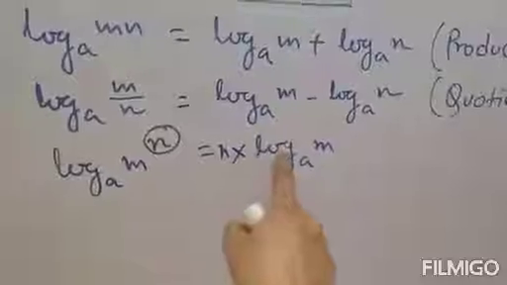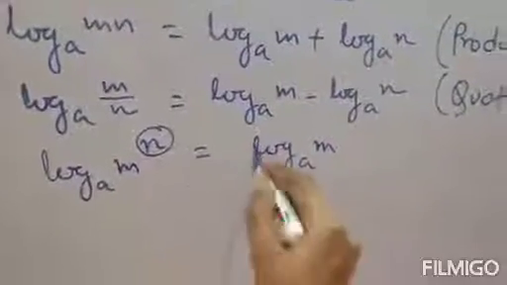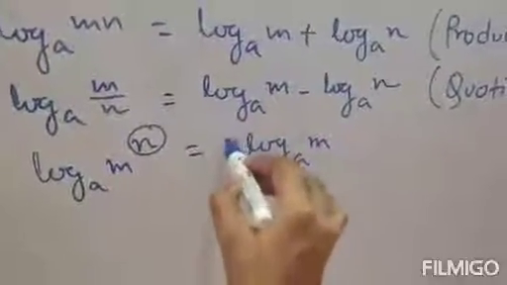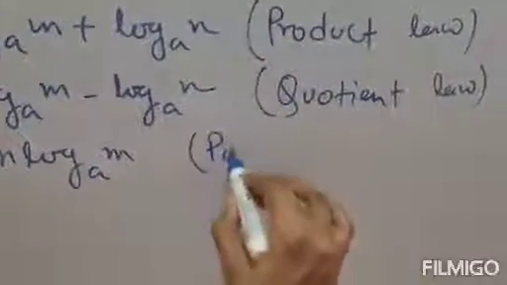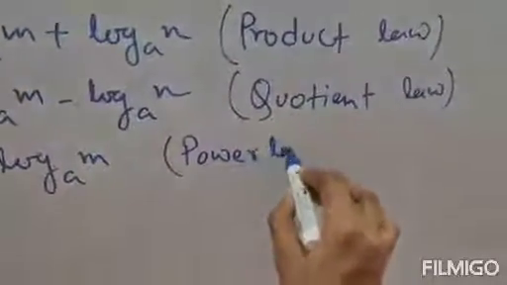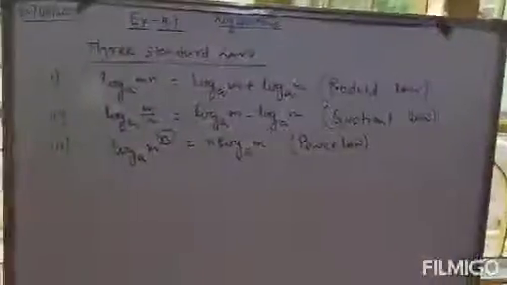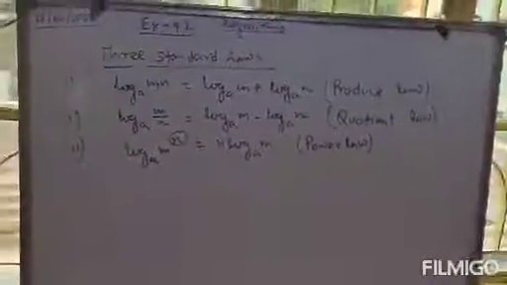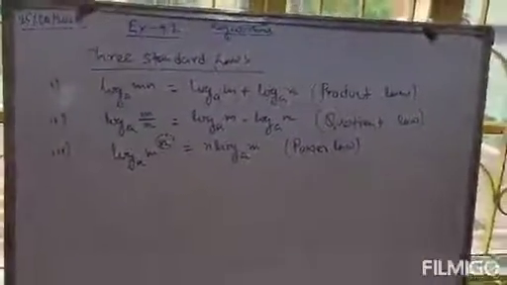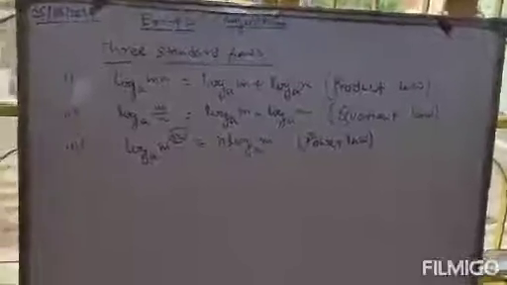So we simply write this as n log a m. Clear? This is the power law. So in total there are three basic formulas of logarithm: product law, quotient law, and power law.